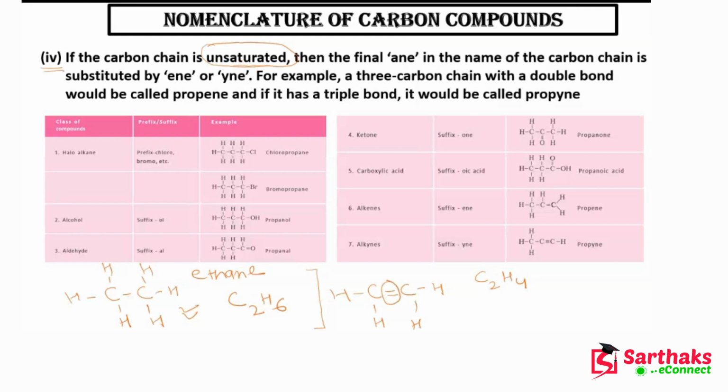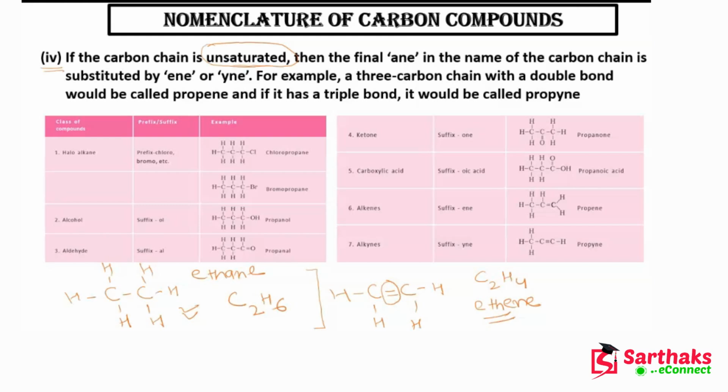If a double bond is present, then it is not a saturated carbon chain. It becomes an unsaturated carbon chain because of the presence of a double bond. So this is an unsaturated carbon chain, and I will give it the name ethene. Instead of ethane, this is ethene.